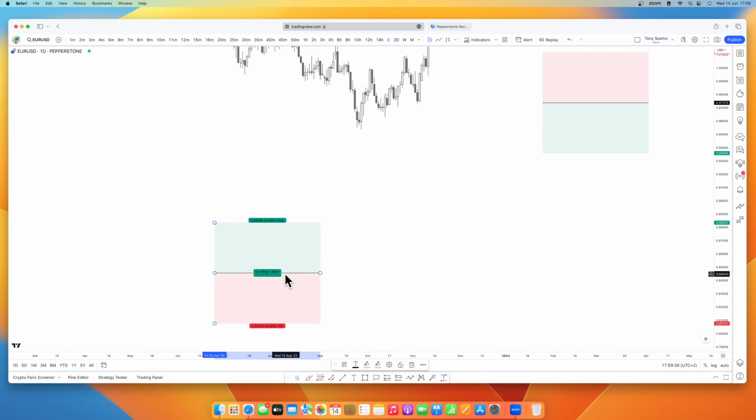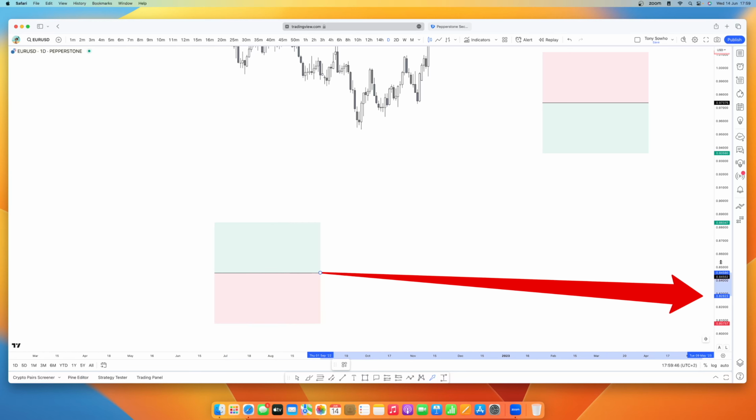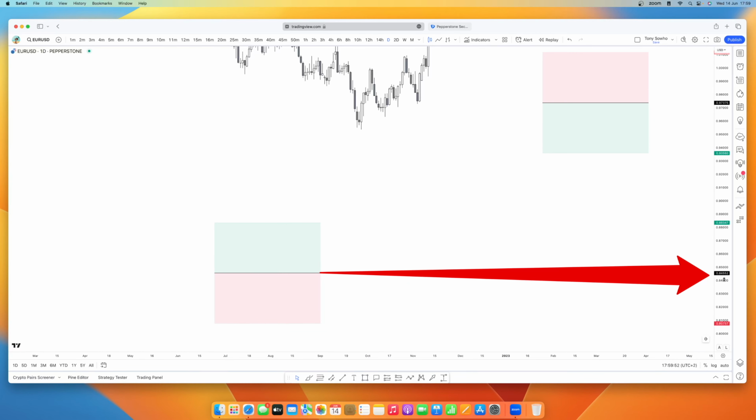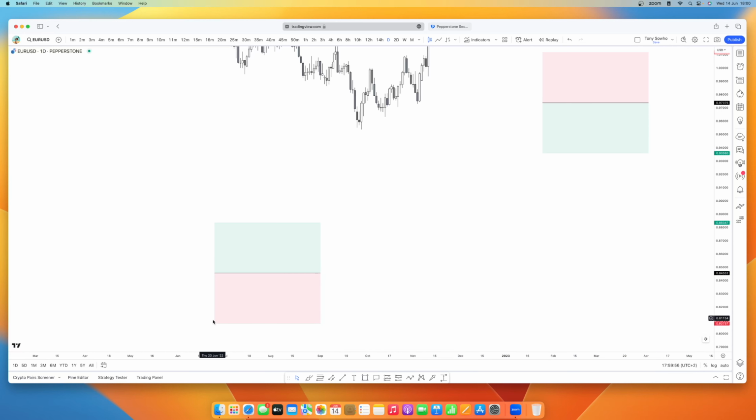This black line here represents the entry. And if you look to the right, we have what my entry is at: 0.84552. That's my entry.